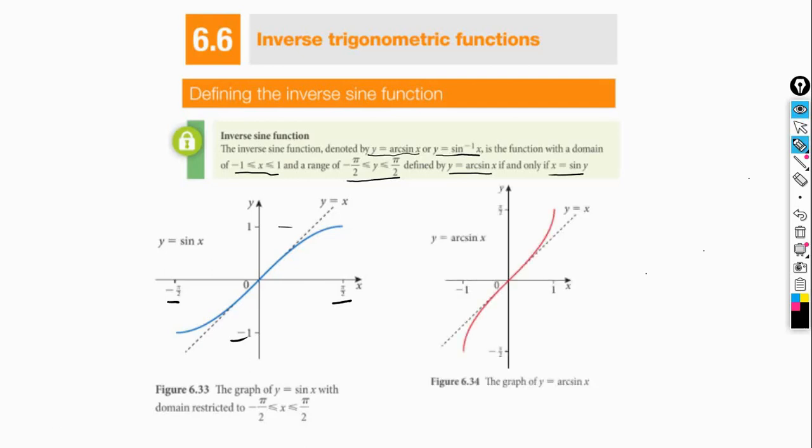You can see that arc sine is simply a reflection across the line y equals x of the sine function. And now you have for arc sine a domain that is restricted from -1 to 1 with a restricted range that goes from -pi halves to pi halves.